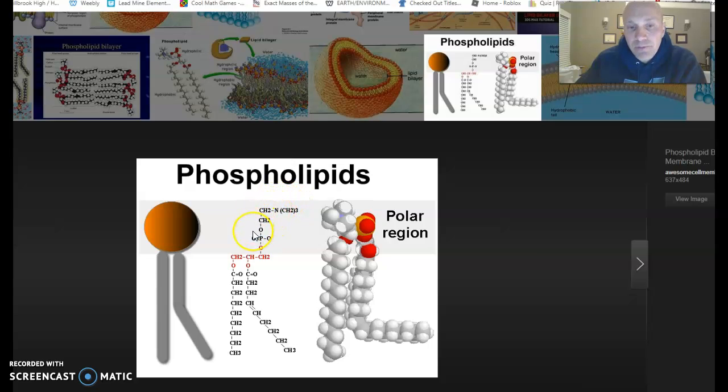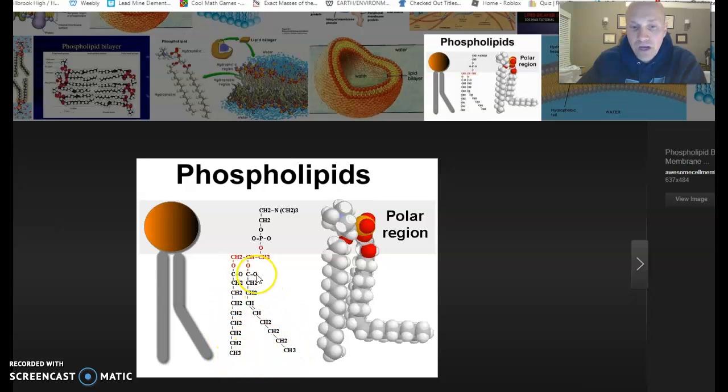The important thing to remember is that this part, with these long chain fatty acids, is very hydrophobic. It's made up of just carbon and hydrogen bonds, and what it means is they really don't like water.